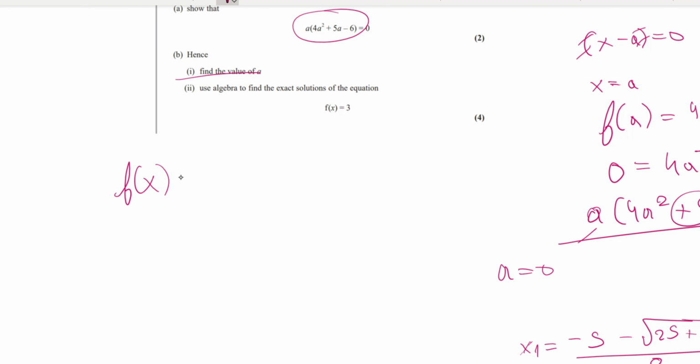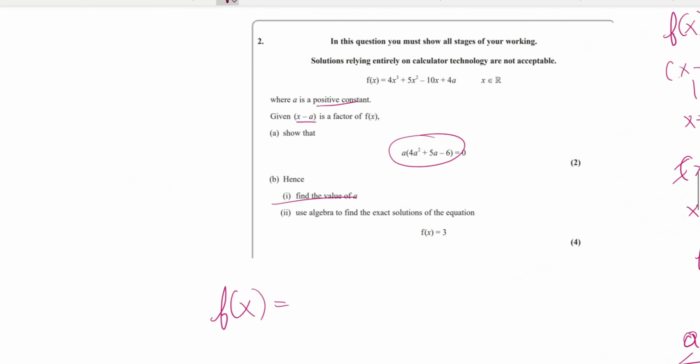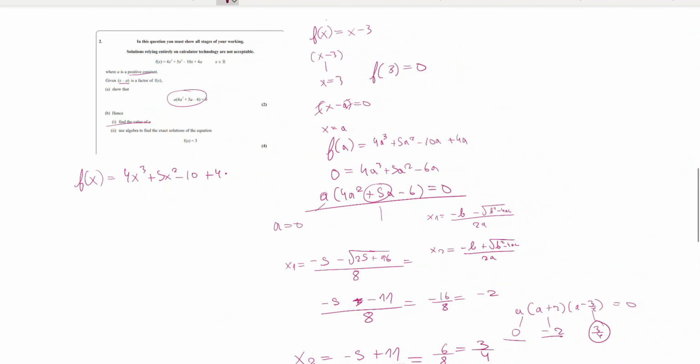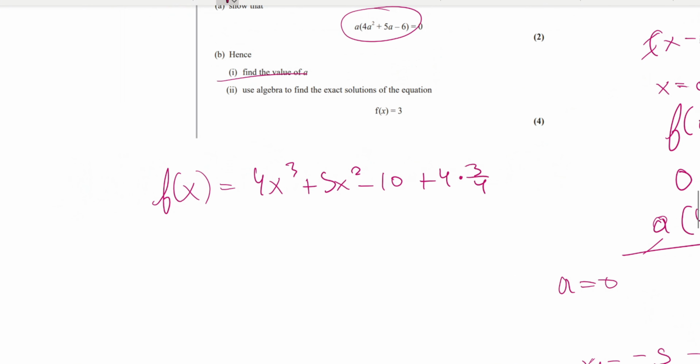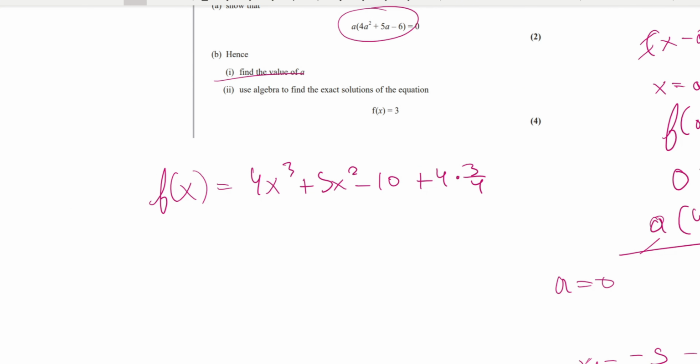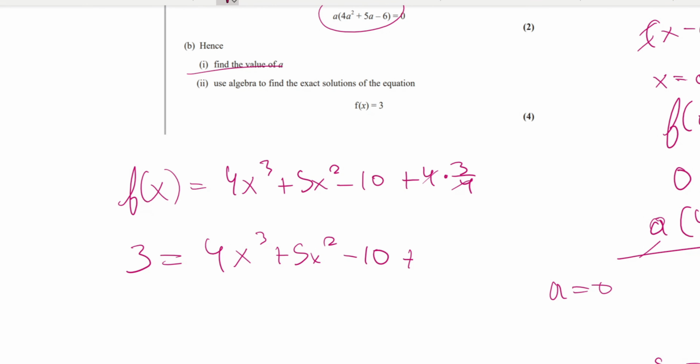f of x is equal to 4x^3 plus 5x^2 minus 10x plus 4 times 3 over 4, because that's our a, 3 over 4. And they told us that our f of x is 3, so now if we put 3 here and do this, 4x^3 plus 5x^2 minus 10x, and that's going to be just 3.